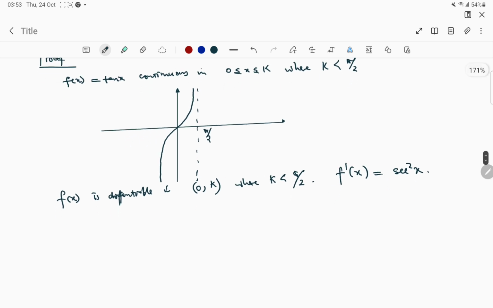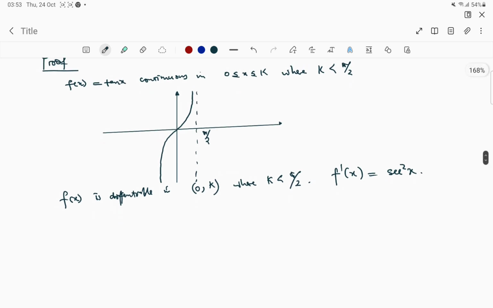So let's now move forward. We actually managed to prove that it's continuous and it's differentiable in 0 to k. So the next stage now is to use the mean value theorem.